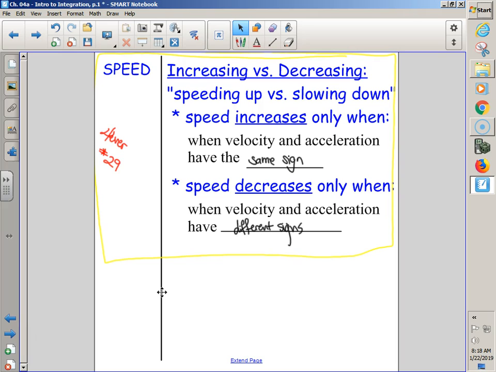I know that's really hard in things like MVT and IVT, but here and there it could come up in a free response question. Speed increasing, speed decreasing could show up in a free response, or in a multiple choice. Where is something speeding up? Where is something slowing down?